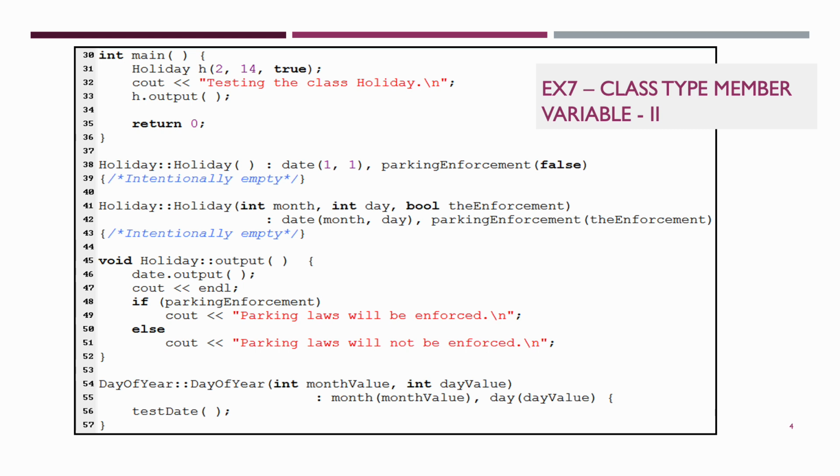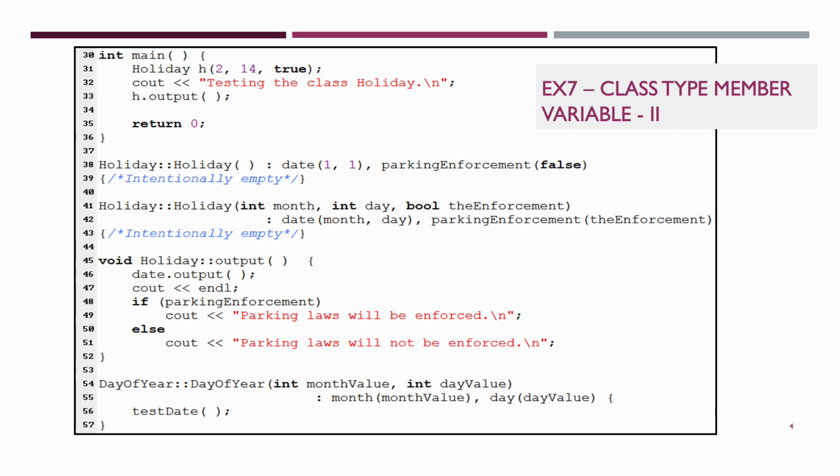The message testing the class holiday on line 32 is printed, followed by calling the output function of the holiday class, age.output. The output function will display the holiday details, as we will see in a moment.